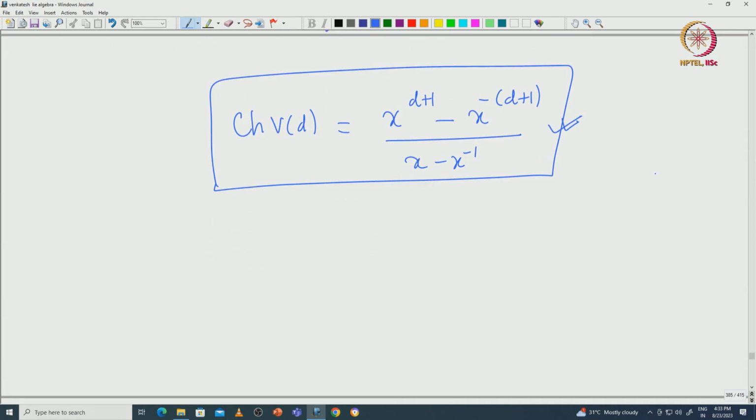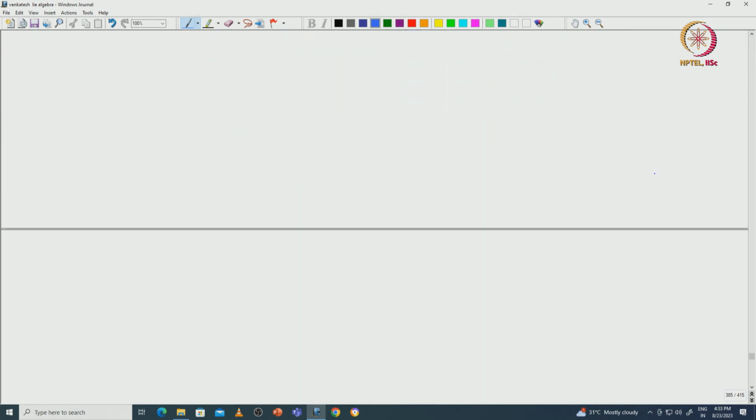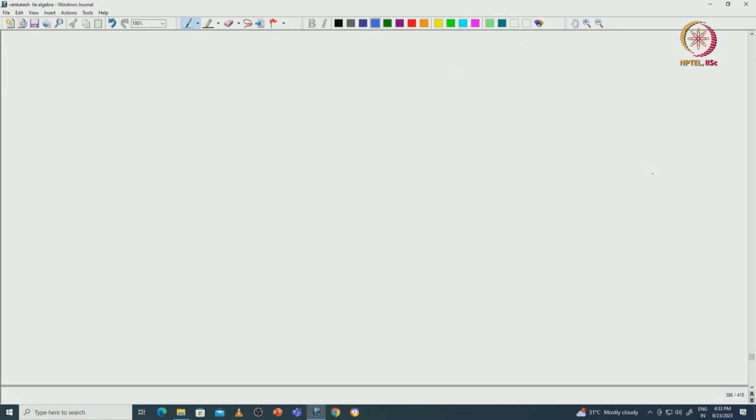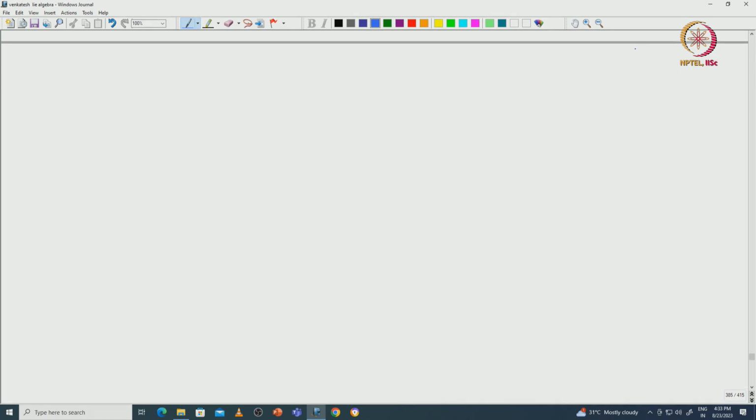Now we will continue with the SL2 representation theory, and see what the procedure is to decompose a given finite-dimensional representation into smaller, irreducible finite-dimensional representations of SL2. For that, we start with V, a finite-dimensional representation of SL2(C).